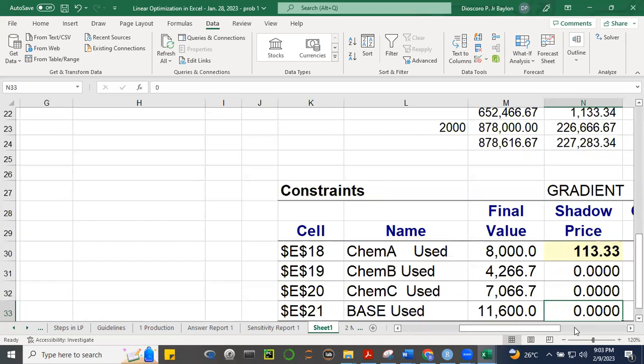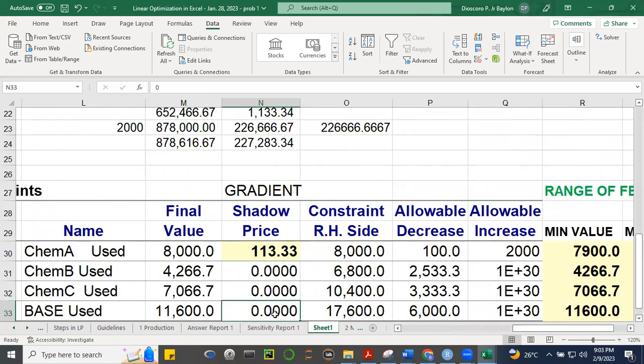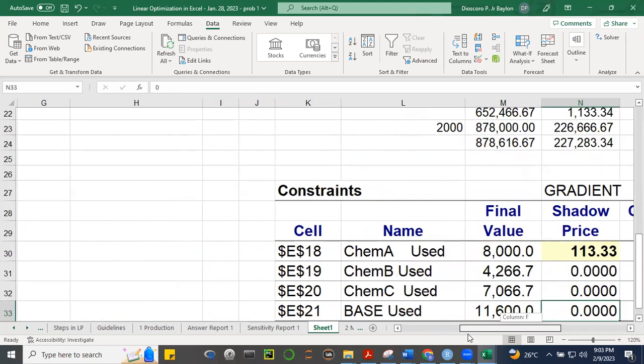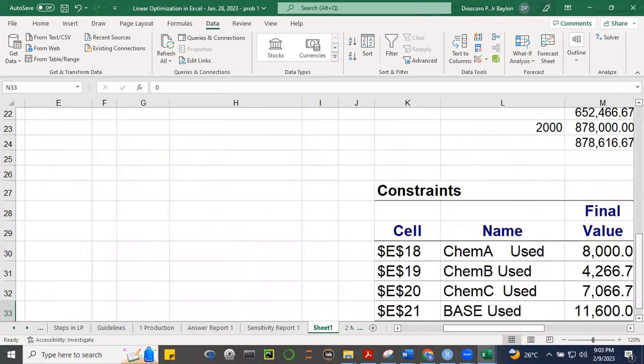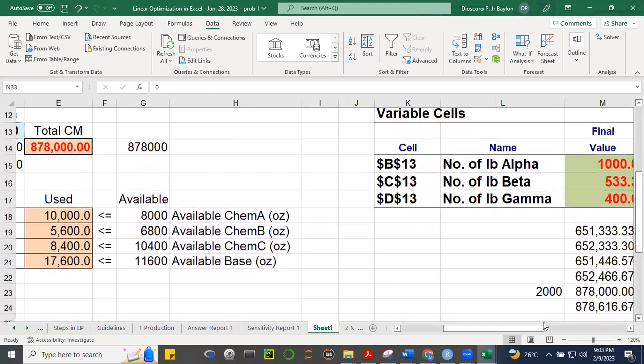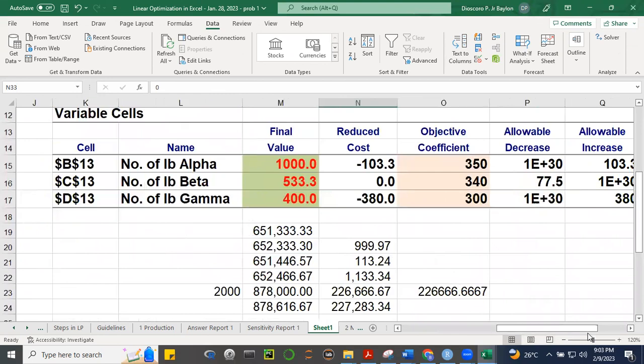And remember, the shadow price is linked to the impact on the objective function. Okay, so for every 1 unit change in base, there will be a shadow price change in your objective function. Since it is 0, therefore, walang effect to sa value ng objective function natin. Kahit na gawin nating 11,600 si base, babaan natin. Okay, sige, babaan natin si base, class. Gawin natin, saan na yun?